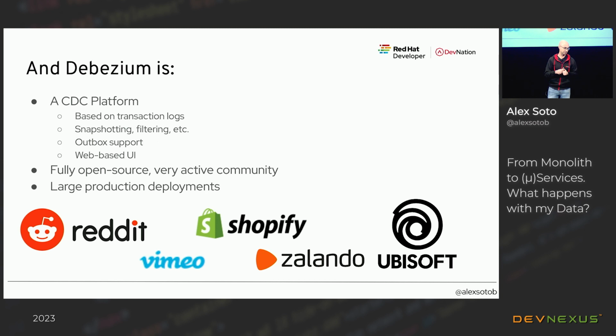So, as I said, Debezium is based on transaction logs. It supports snapshotting and filtering. Also, it has a web UI, it's open source, and it's used by all these companies. These are some of the companies that are using Debezium. You can see that probably these companies are getting a lot of traffic, and yeah, it works.